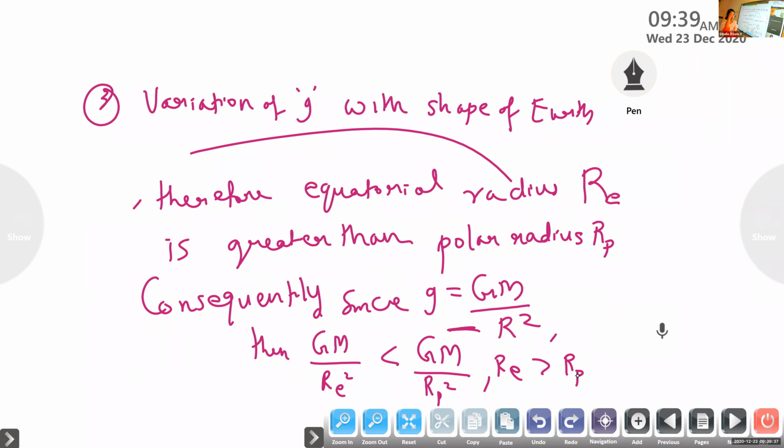Thus you can say, acceleration due to gravity is greater at the poles than at the equator.